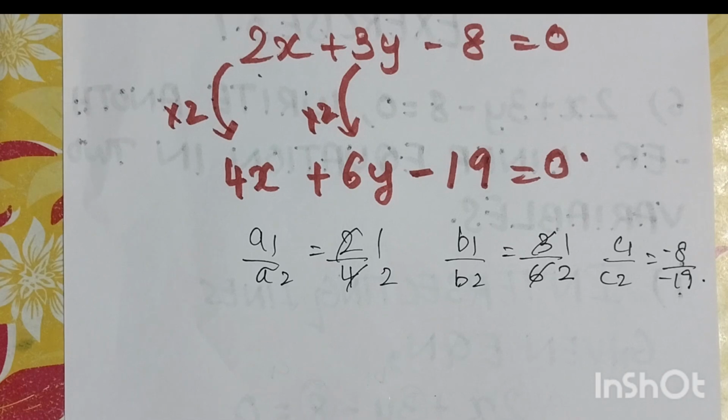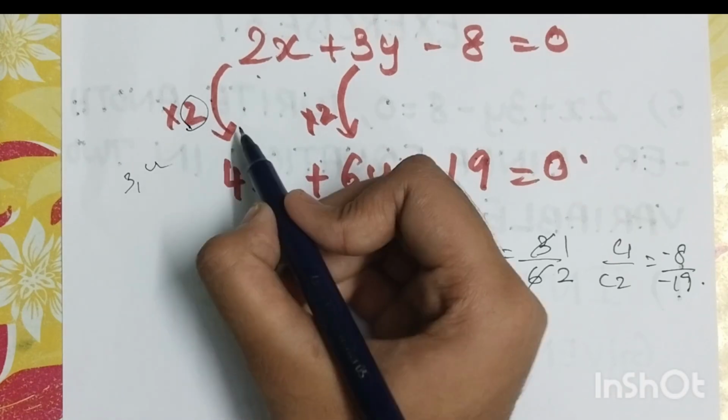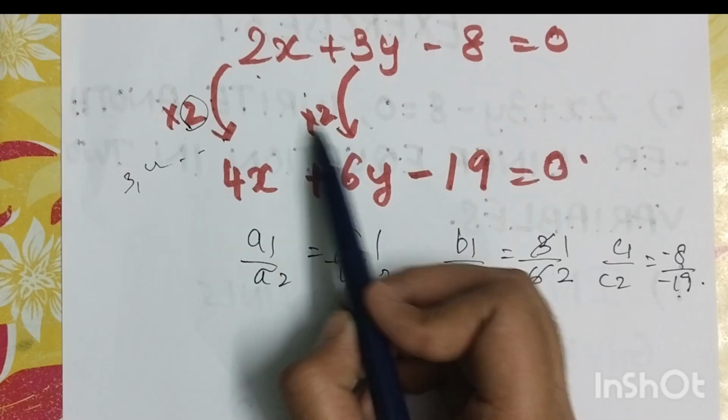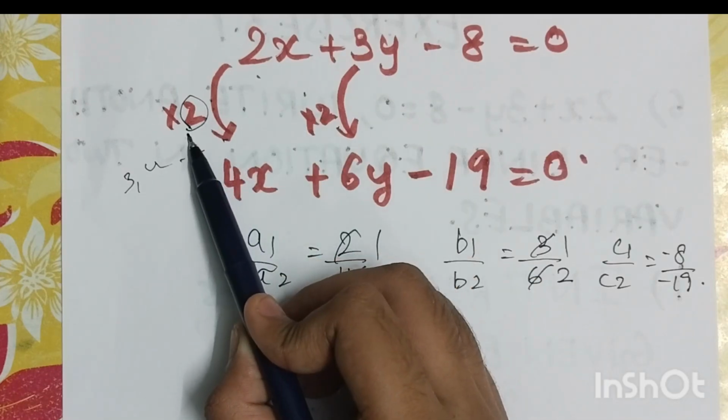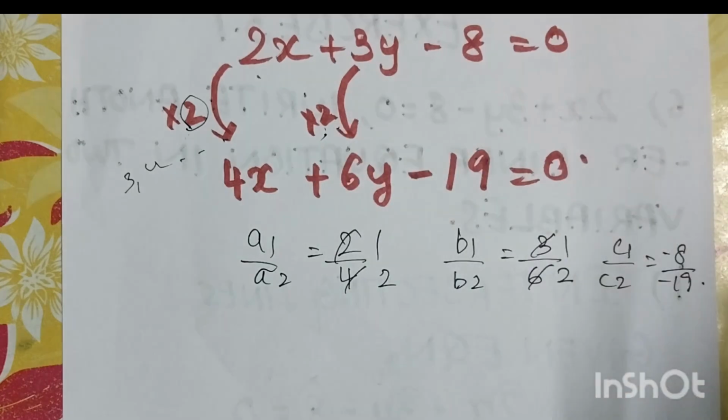Clear? So this will be my parallel lines condition where I'm going to multiply. So not only 2, I can multiply with 3, 4, any other number. But I should multiply with the same number. Here if you multiply with 2, here also you should multiply with 2 only for parallel lines.